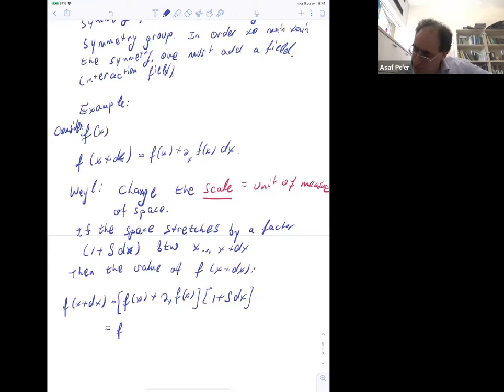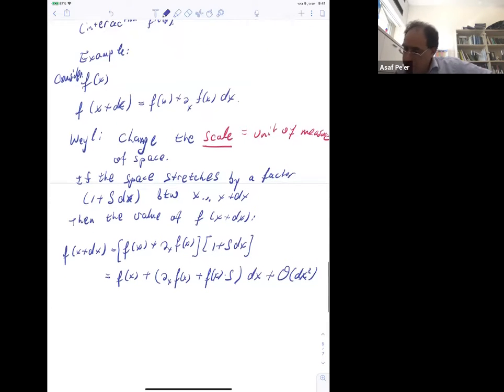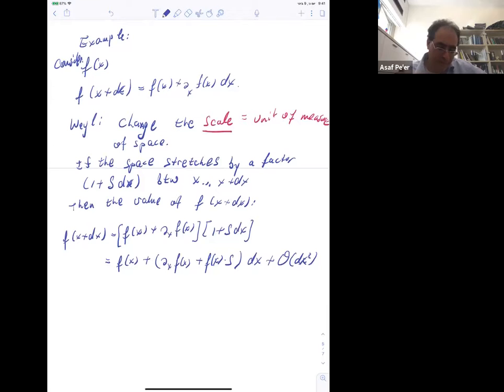So this is f of x plus df/dx, but now we also have f of x times s, all times dx, plus corrections of order dx squared, which we can ignore as dx goes to 0. So to first order, the increment of f, delta f, is now df/dx plus s f, times dx.